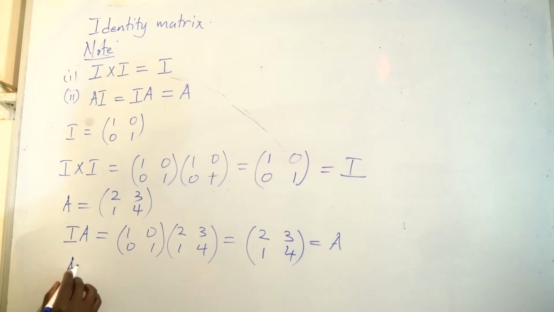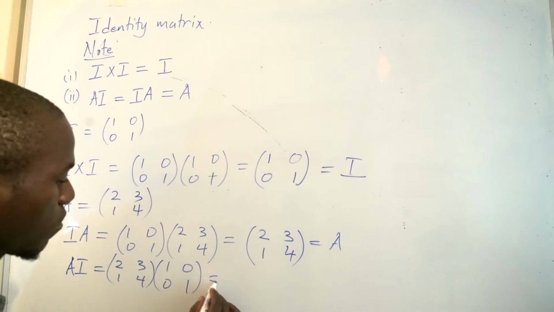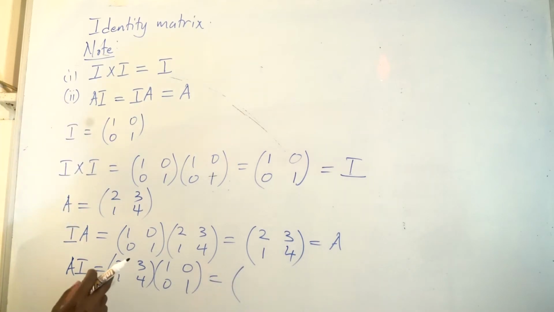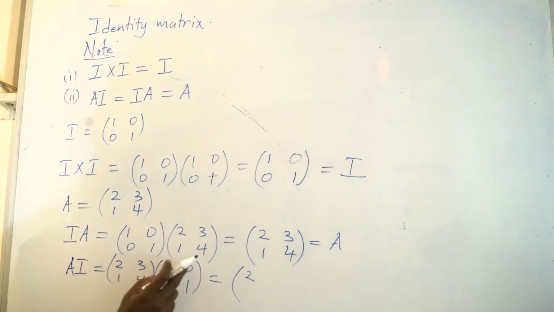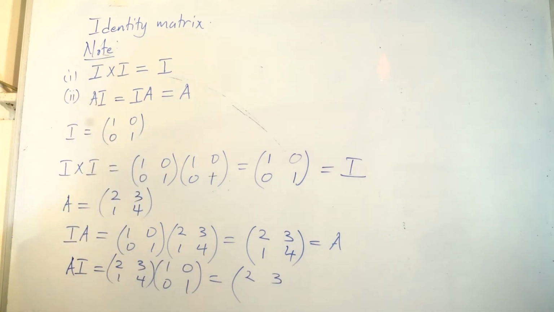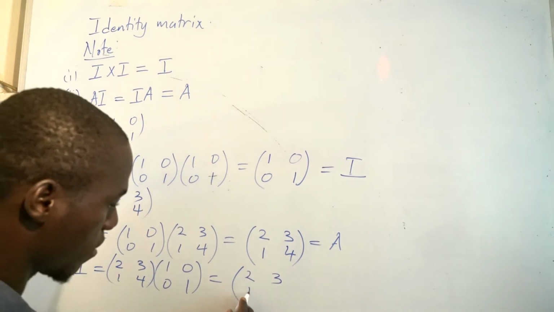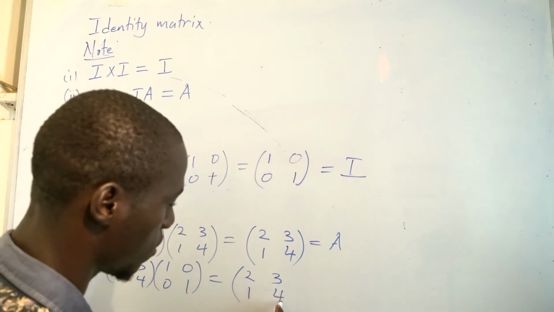Now suppose I multiply A times that identity matrix, that is 2, 3, 1, 4 times 1, 0, 0, 1. Row by column very fast, 2 plus 0, then 0 plus a 3, then that is 1 plus a 0, which is 1, 0 plus 4, which is 4.